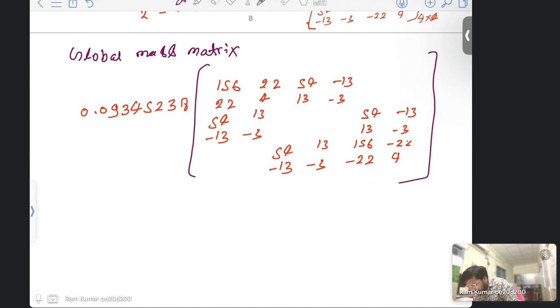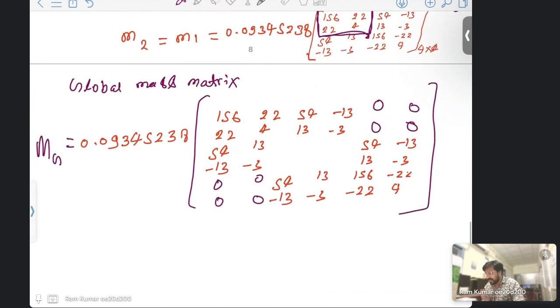So this will be your global mass matrix. It will be 0, 0, 0, 0, 0, 0, 0, 0, and each point we have to fill. What will be here? 3, 1, 2, 3, 1, 2, 0, 0, 8. Okay, like this.